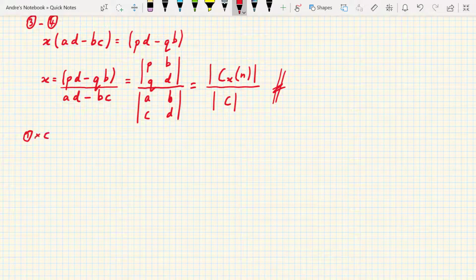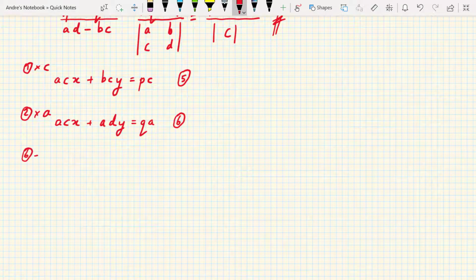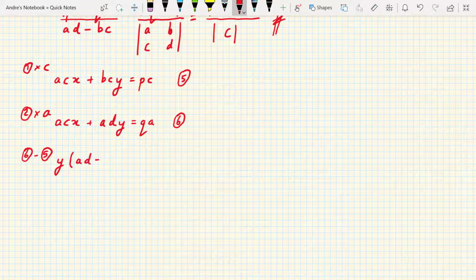To find y, we multiply equation 1 by C and equation 2 by A to give ACX plus BCY equals PC, and ACX plus ADY equals QA. We then subtract equation 5 from equation 6 to give y into AD minus BC equals AQ minus PC.